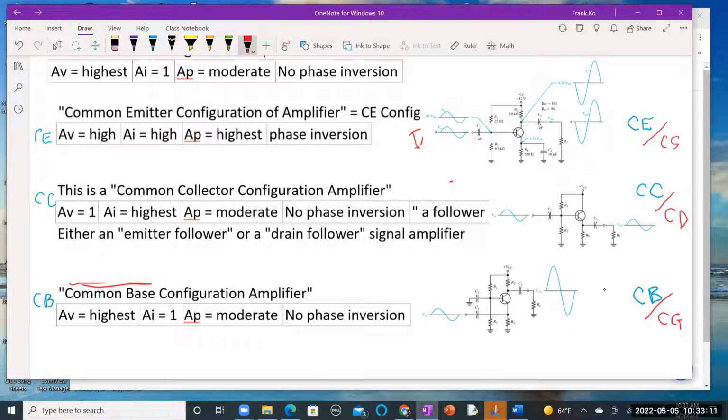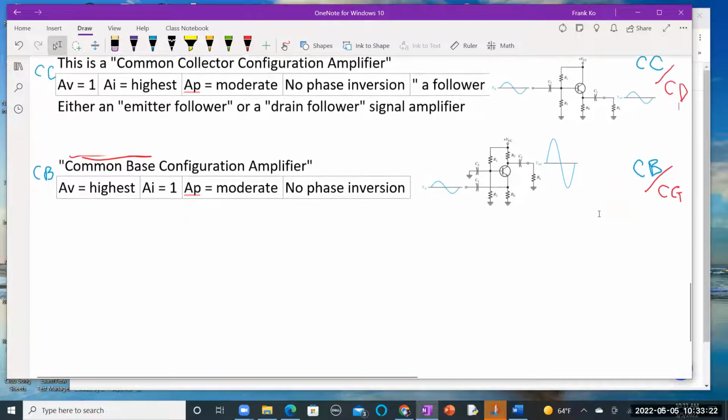There we go. All right, so now that being said, why do we have in your exercise this thing called an emitter follower? All right, so let's take a closer look at this particular one. And let me go to 294.